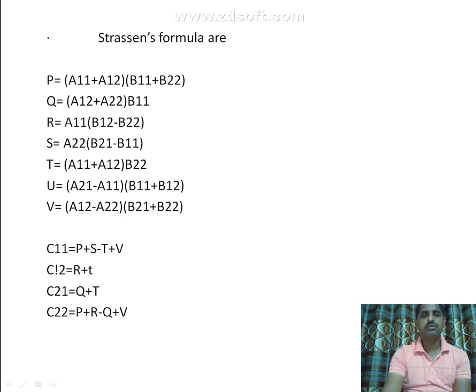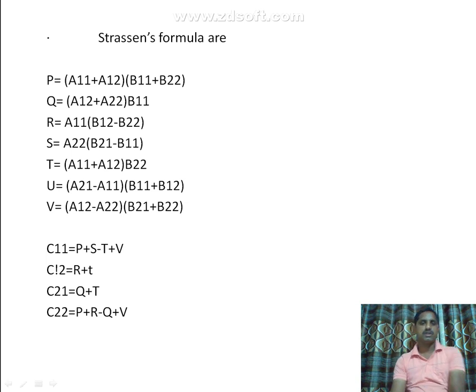Then Q equal to (A21 + A22) into B11, R equal to A11 into (B12 - B22), then S equal to A22 into (B21 - B11), then T equal to (A11 + A12) into B22, then U equal to (A21 - A11) into (B11 + B12), then V equal to (A12 - A22) into (B21 + B22).